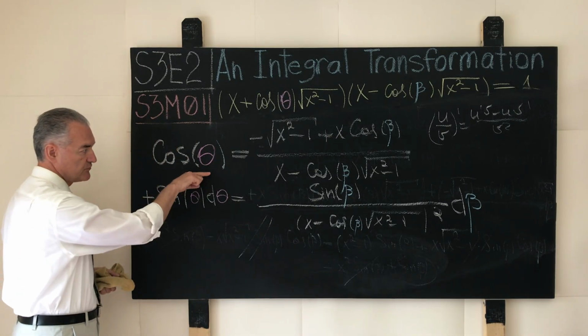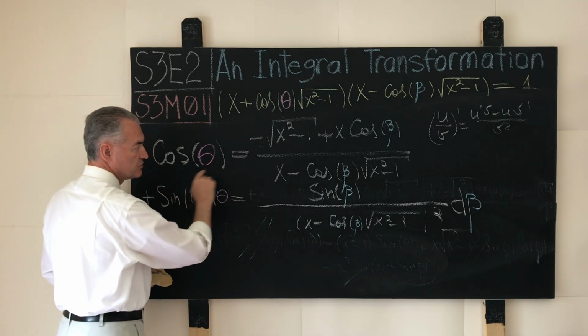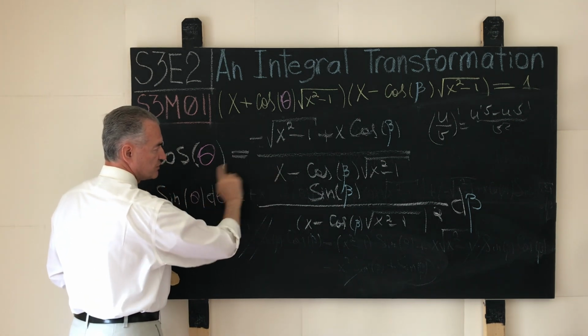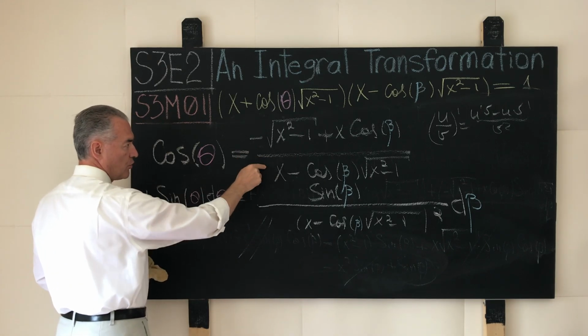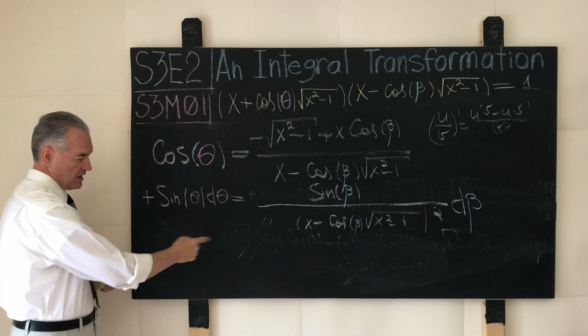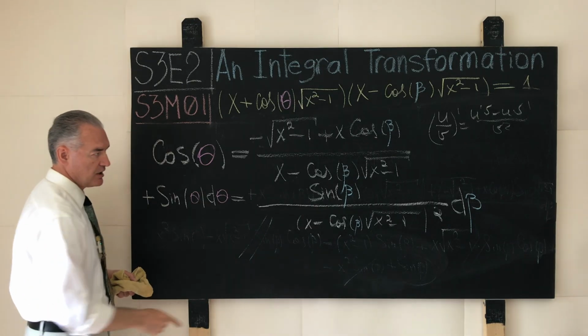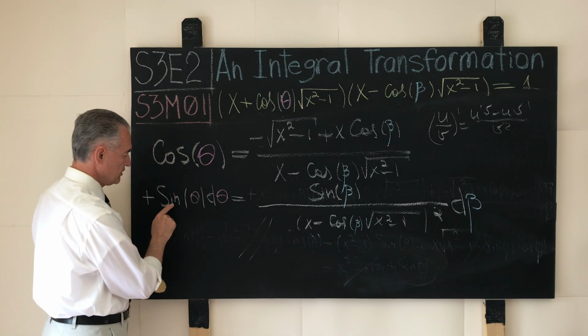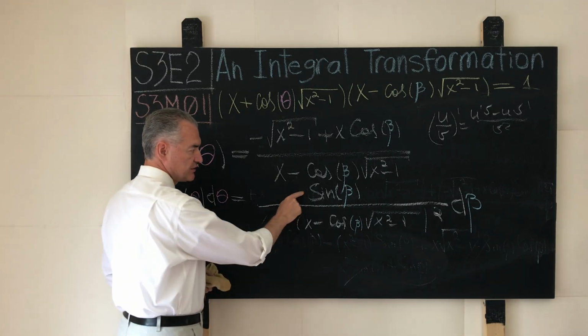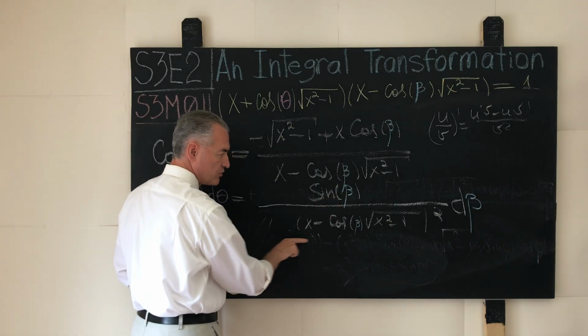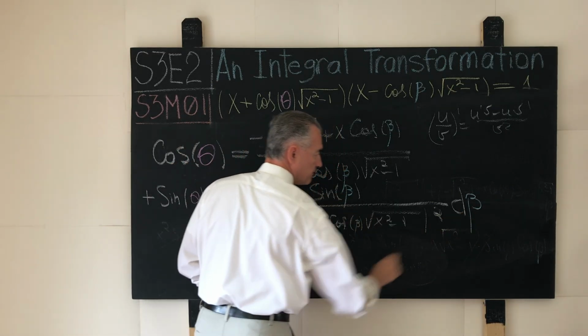We just took the first differential of both sides of this expression, here and here. Derivative of u over v, arithmetic. Happy cancellations ensued, and this is the result that we have. The sine of theta d theta is representable as sine of beta over this expression d beta.